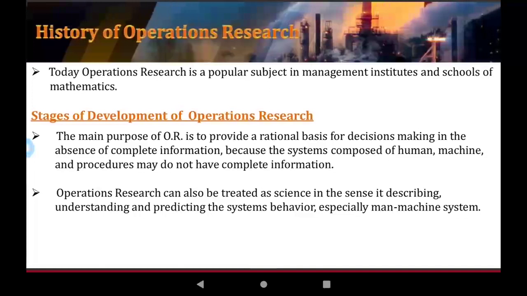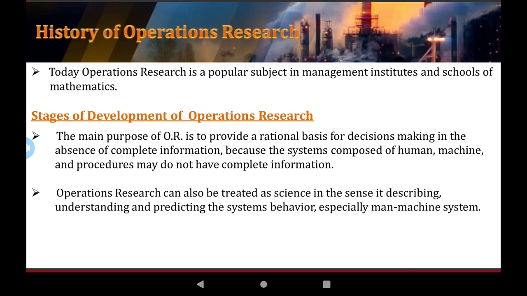Today Operation Research is a popular subject in management institutes and schools of mathematics and engineering. आज के समय में ऑपरेशन रिसर्च इज़ ए पॉपुलर सब्जेक्ट, बहुत अच्छा सब्जेक्ट है मैनेजमेंट इंस्टीट्यूट एंड स्कूल्स ऑफ मैथमेटिक्स एंड इंजीनियरिंग में.